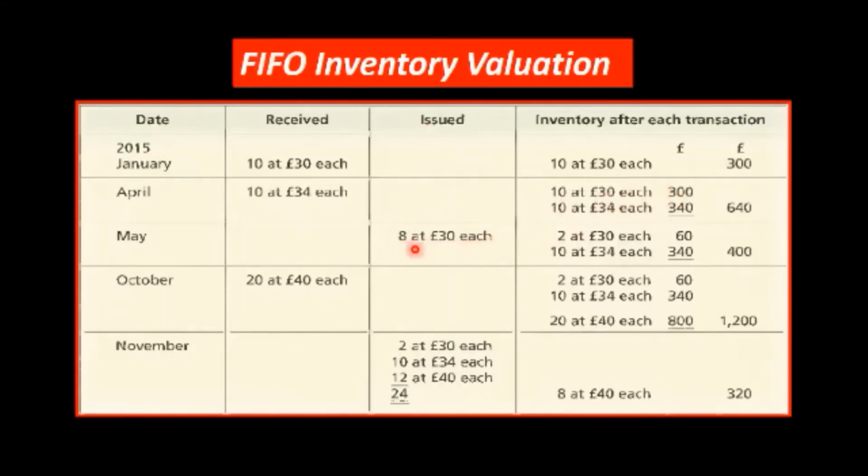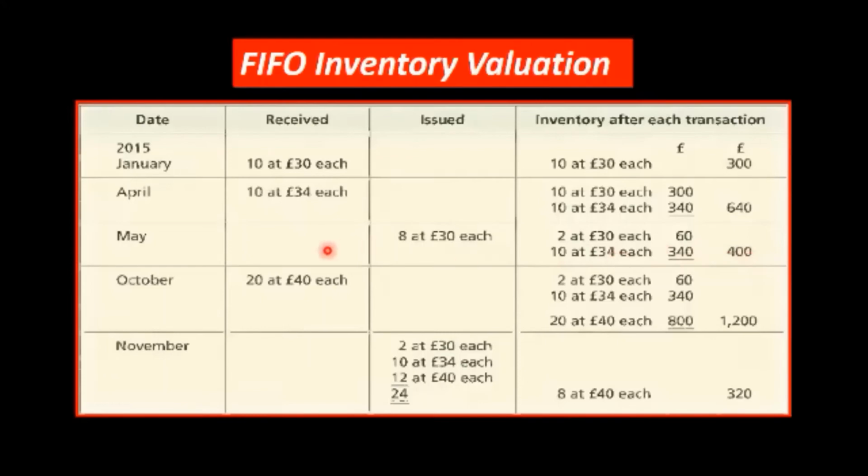This 8 will come out of the first 10 up here, because it's first in, first out, right? So we reduce this 10 to 2. Okay? So you have the 2 remaining here and this 10 from there. Okay? 10 at 34, 340. When we add these two, we get our balance now 400.